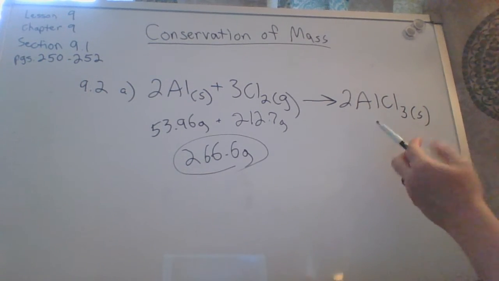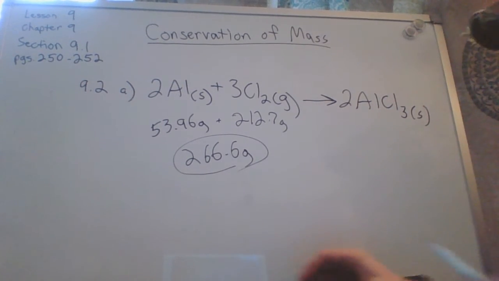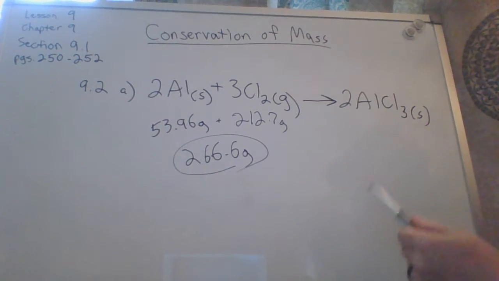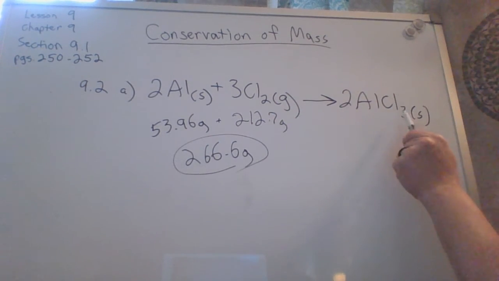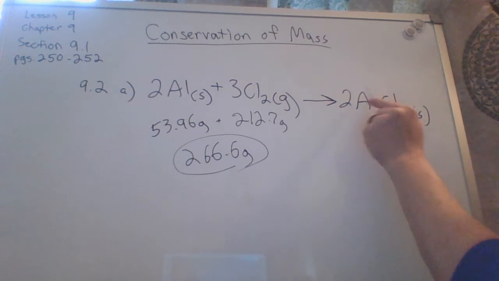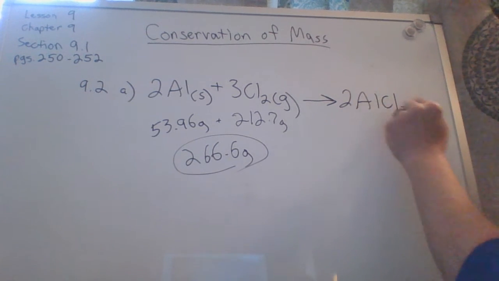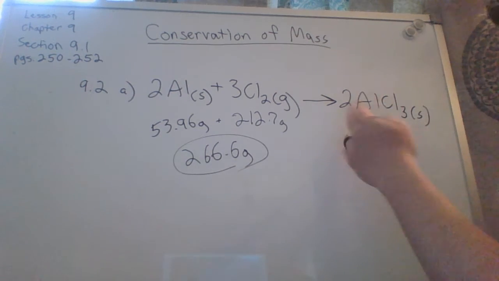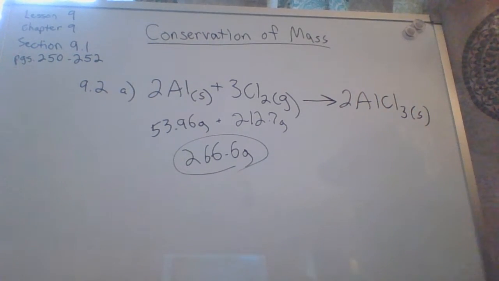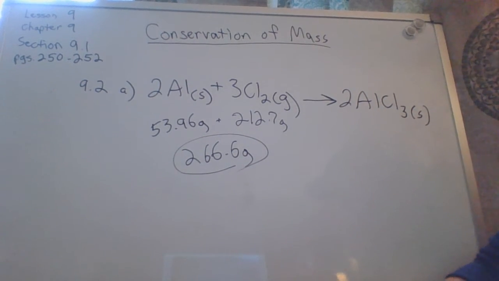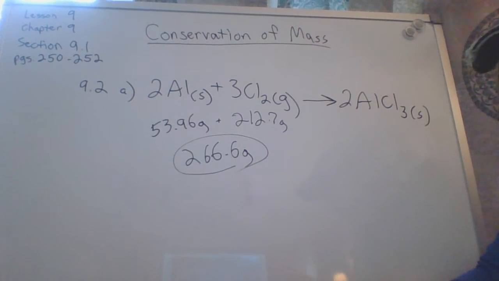We have aluminum chloride. Keep in mind, because it's a balanced equation, we have a total of 2 aluminums and 6 chlorines. So let's look at the aluminum chloride and find the molar mass of it. You can easily look that up on Google. I expect you all to know how to find molar mass by now. But let's look up the molar mass of aluminum chloride, AlCl3.